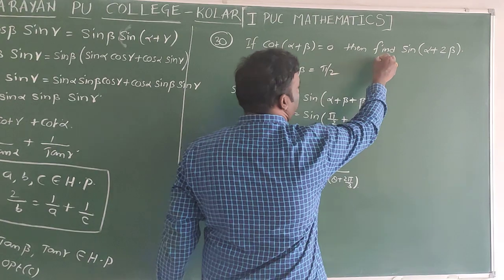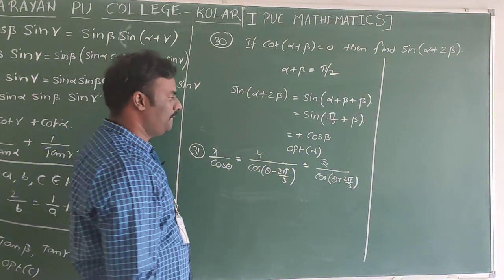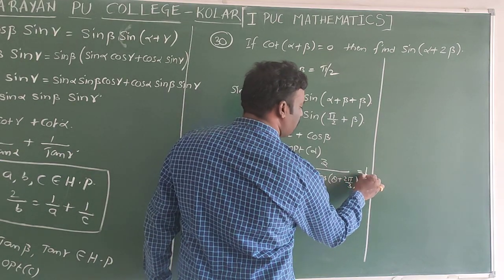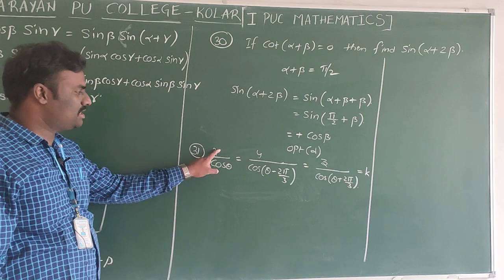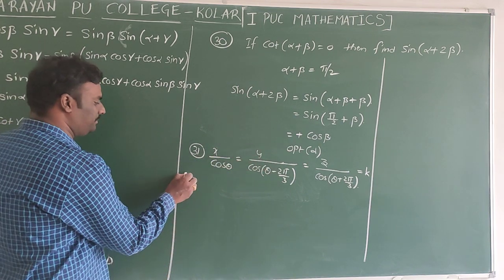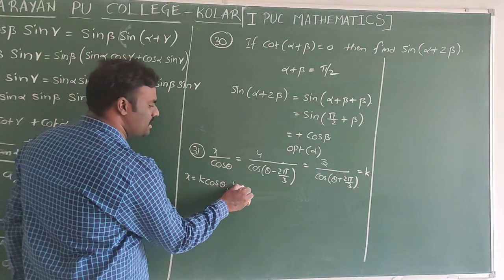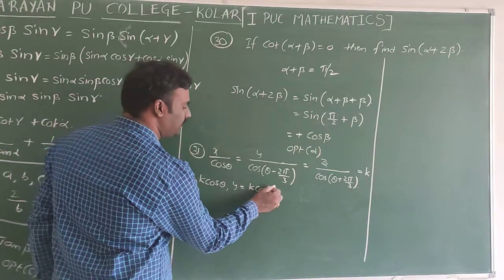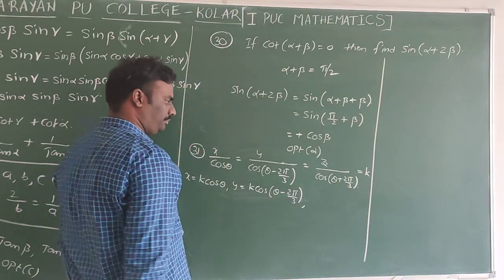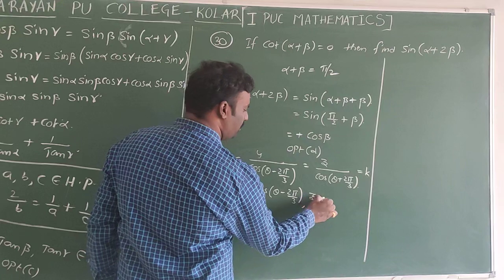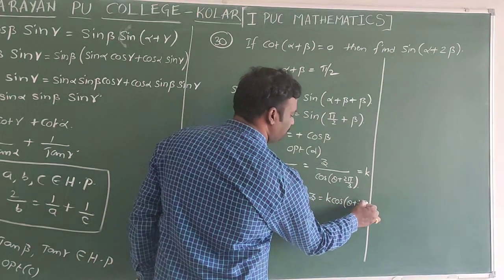See, I am taking this value equal to some constant k. If you cross multiply, x is equal to k cos theta, y is equal to k cos of theta minus 2 pi by 3, z is equal to k cos of theta plus 2 pi by 3.